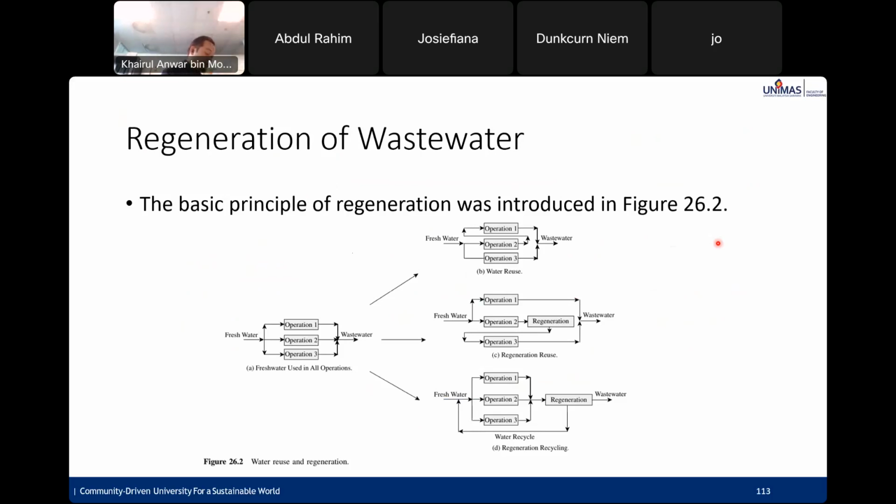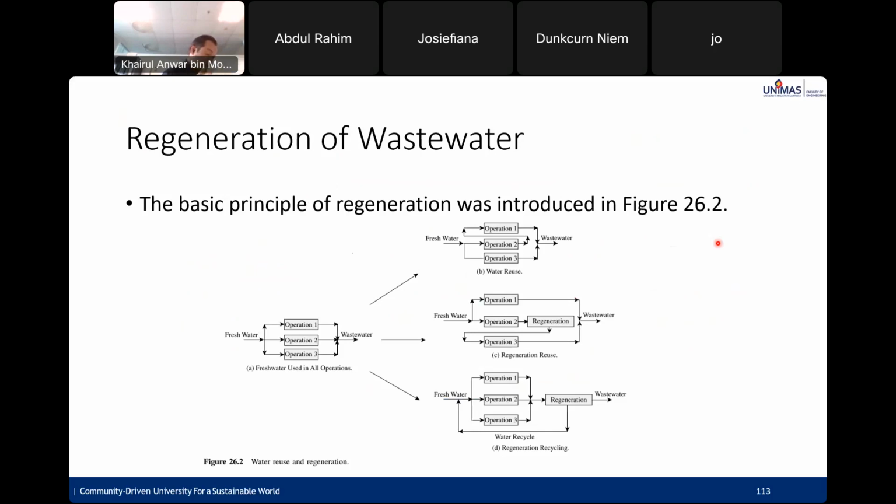So far, for targeting the minimum wastewater treatment flow rate for a single contaminant based on the pinch point, we are required to use 60 tons per hour of water.